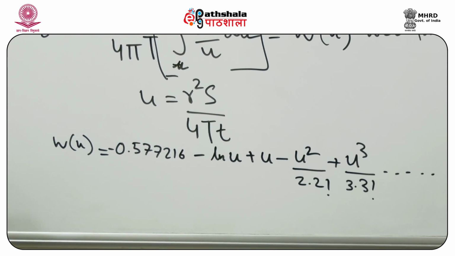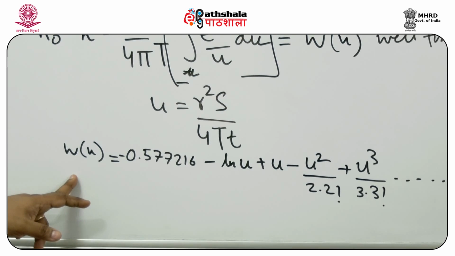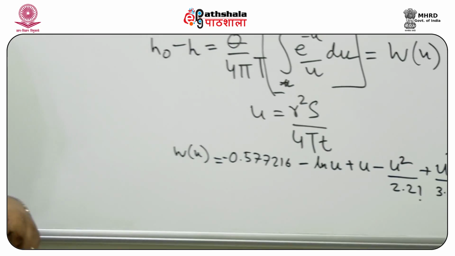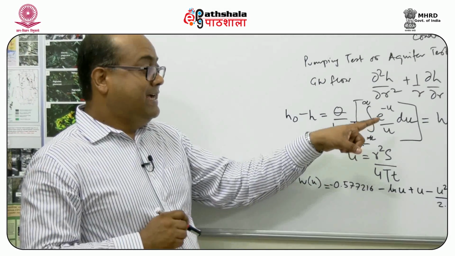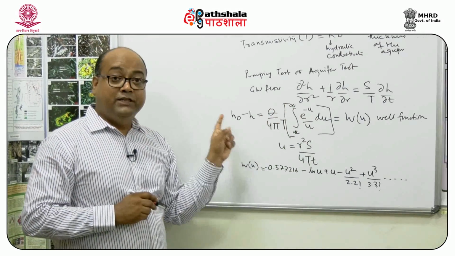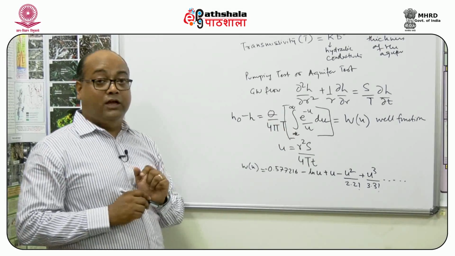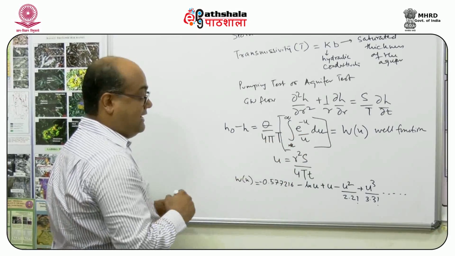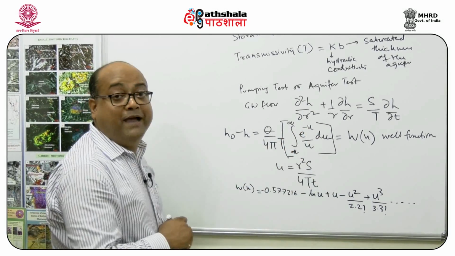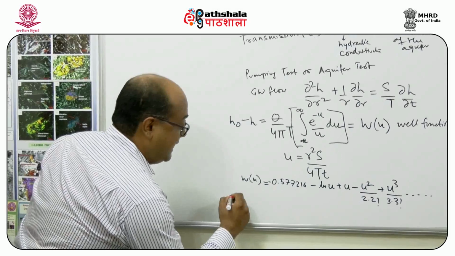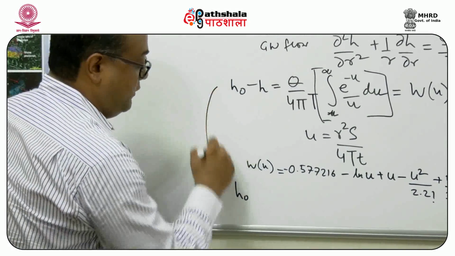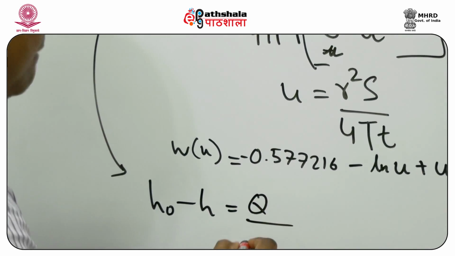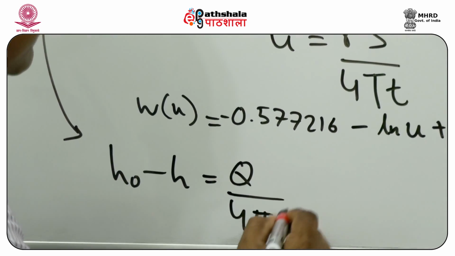W is a function of u. Now we can rewrite the Theis solution: if we remove the integral and represent it by the well function, H0 minus H is equal to Q by 4 pi T.